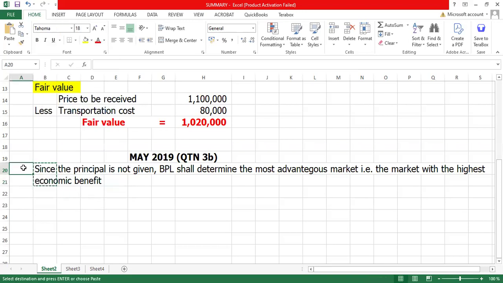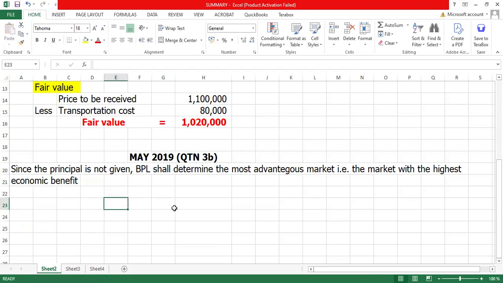If you sell your asset, where can you gain more? In which market? So you will look at two markets. You have Kiseku, you have Kasenyi.